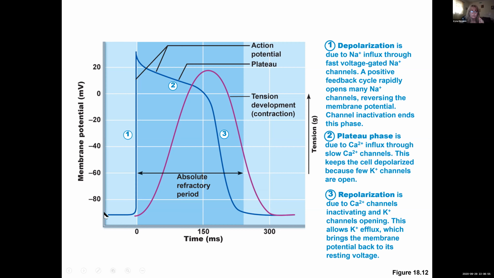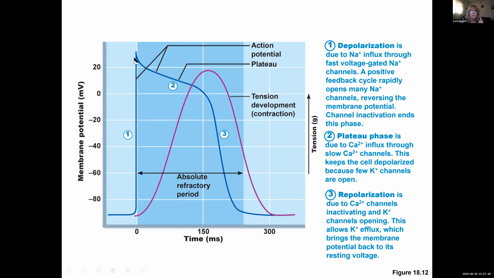Because if you remember, in neurons we have first of all resting at about minus 70, and then we have depolarization and repolarization. Over here, this is our resting membrane potential. Then we have a steep change in the membrane potential, moving towards zero and positive. And this is called, of course, depolarization.